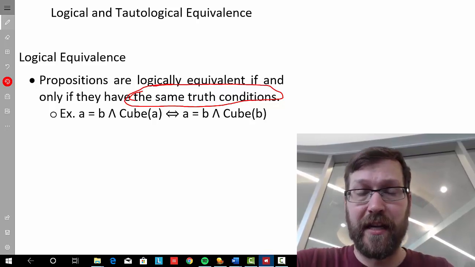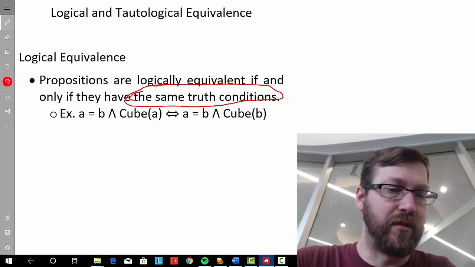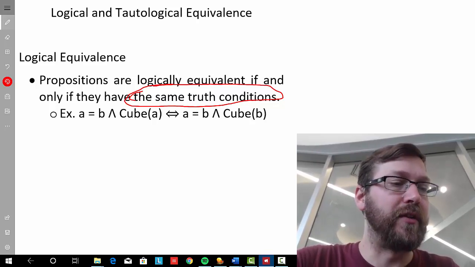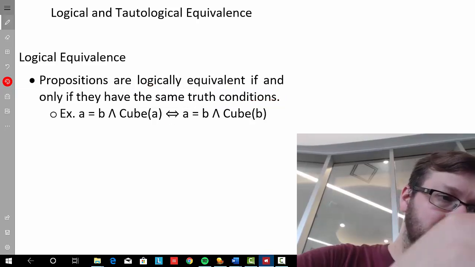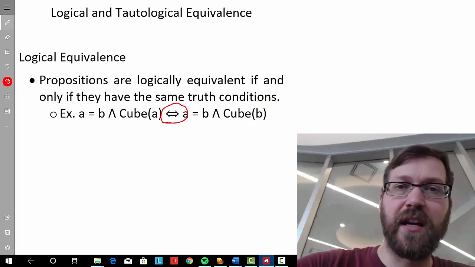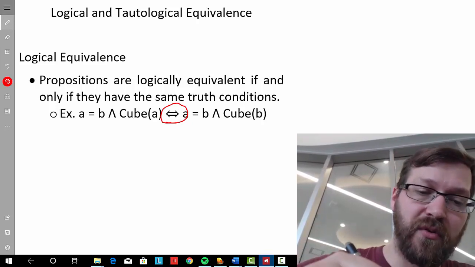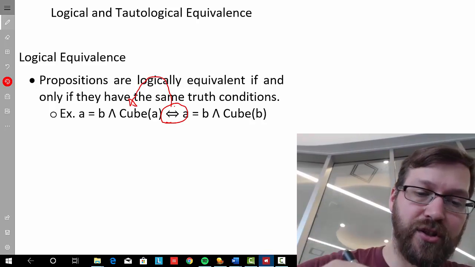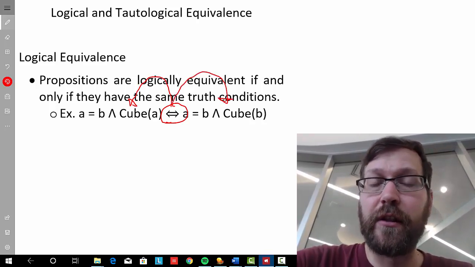All right, so let's look at an example of two propositions that are logically equivalent to one another. First, this sign here is the sign that represents logical equivalence. So it's saying of this conjunction and this conjunction that they are logically equivalent.